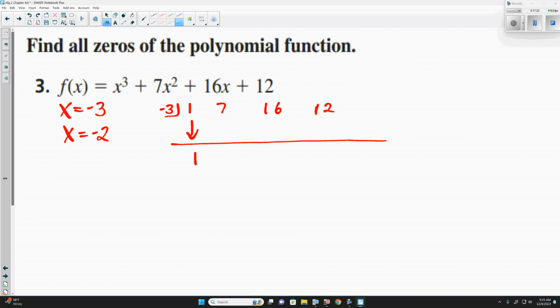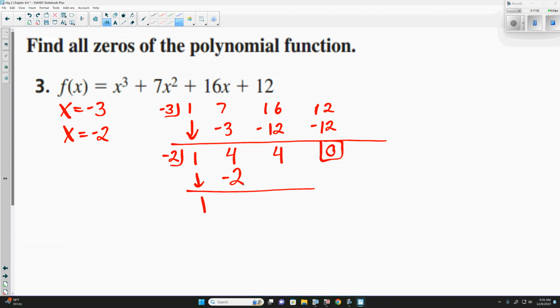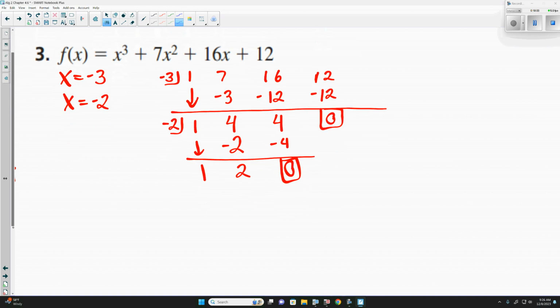So we'll do synthetic division. -3 times 1 is -3, 7 plus -3 is 4. -3 times 4 is -12. 16 plus -12 is 4. -3 times 4 is -12. Now we can do it again with -2. -2 times 1 is -2. 4 plus -2 is 2. -2 times 2 is -4, which gives us 0.